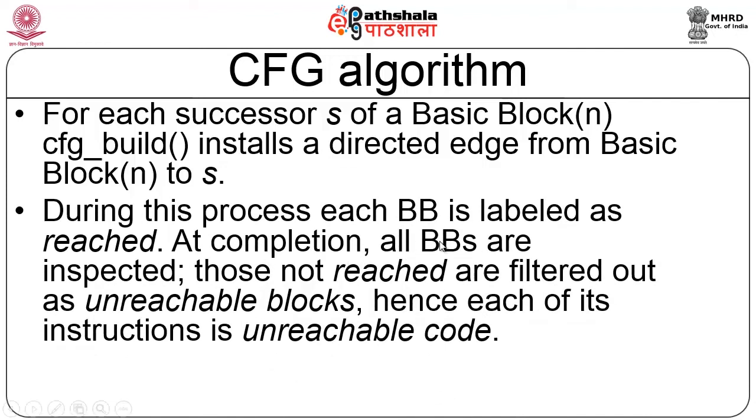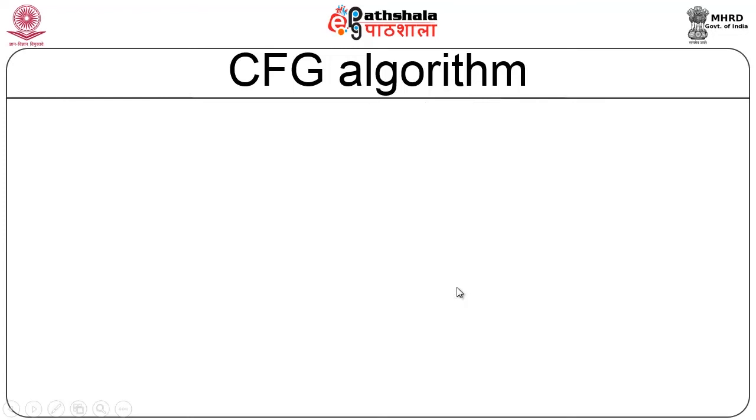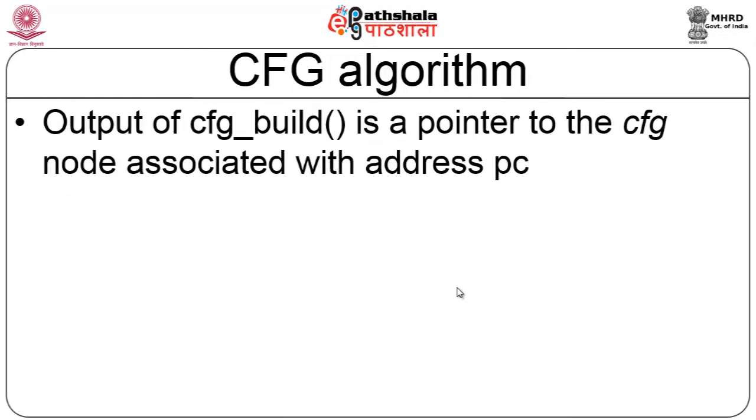At completion, all the basic blocks are inspected, and those that are unreached are taken off, and they correspond to the unreachable code. The output of the CFG build is a pointer to the control flow graph. It has a node whose address will be some PC. Now after this, we are ready for data flow analysis, which will be handled in the subsequent module.